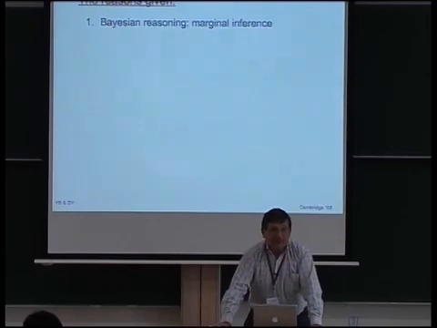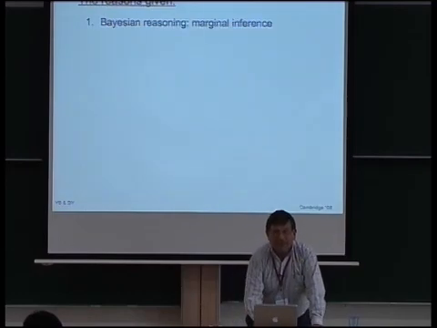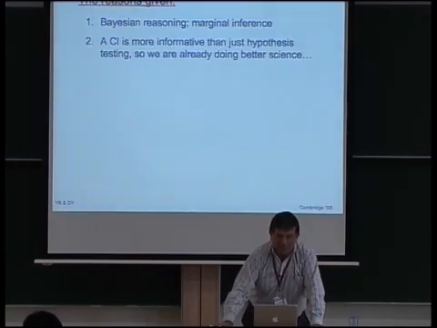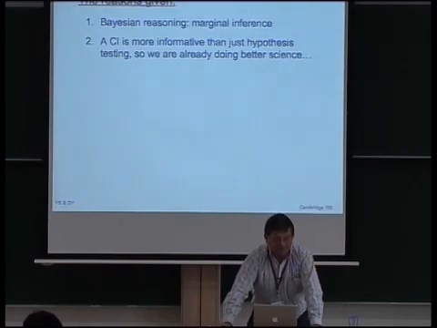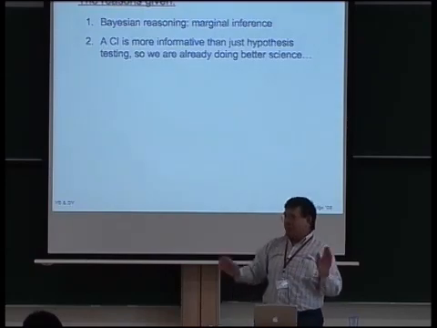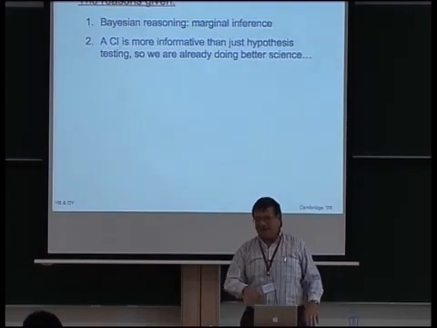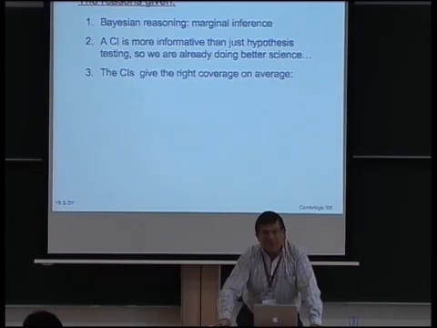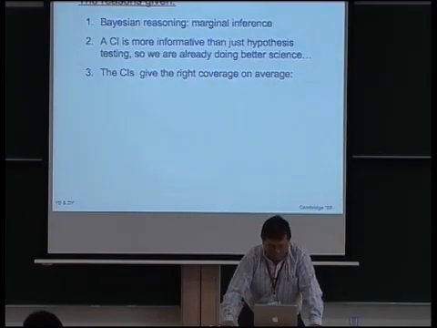Well, there are various reasons given. First, Bayesian reasoning: you have to look only at the marginal inference. Frequentist confidence interval is more informative than just hypothesis testing, so we're already doing better science. That's a quotation from an article. Since we're doing confidence intervals, we won't correct.